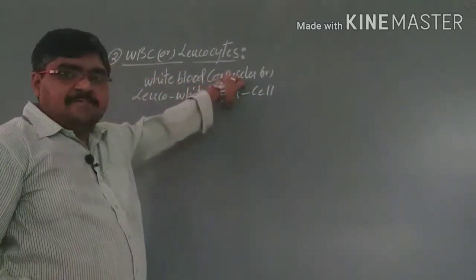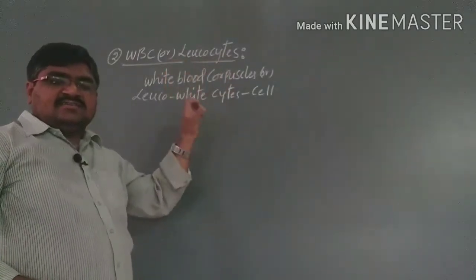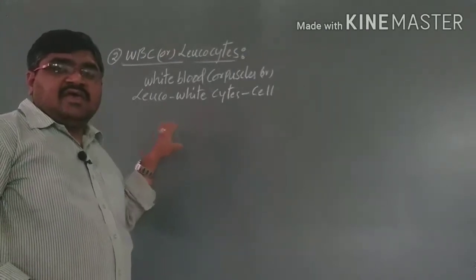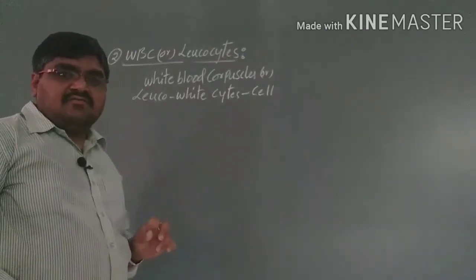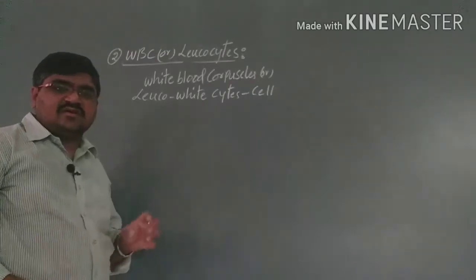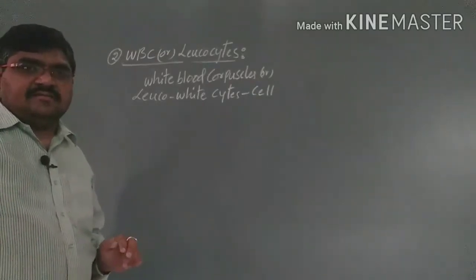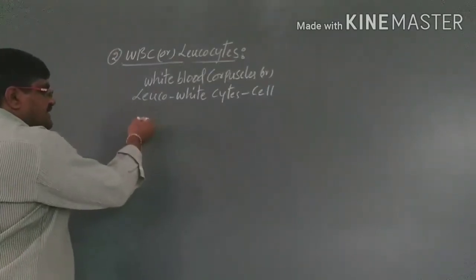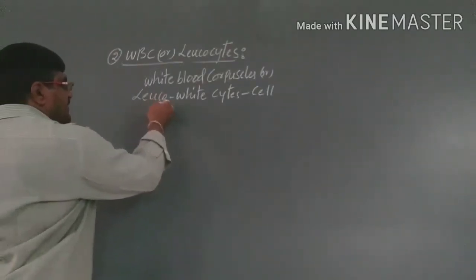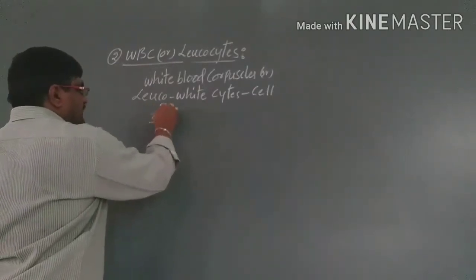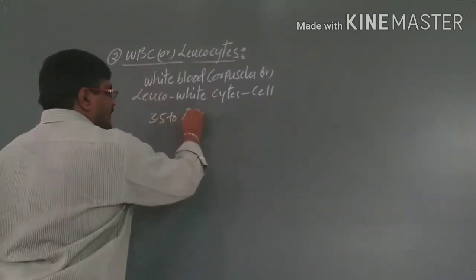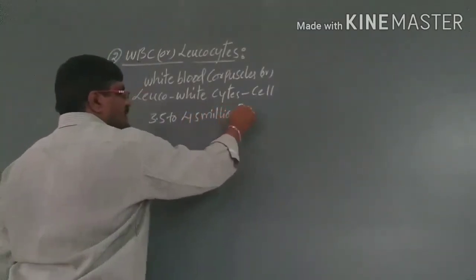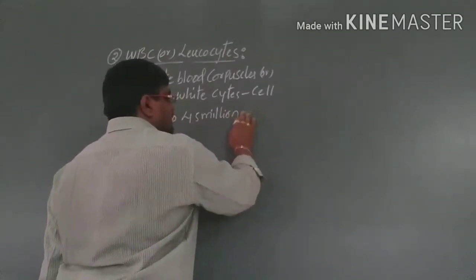These are present in few numbers, in thousands of cells, from about 3.5 to 4.5 millions of cells per cubic millimeter.